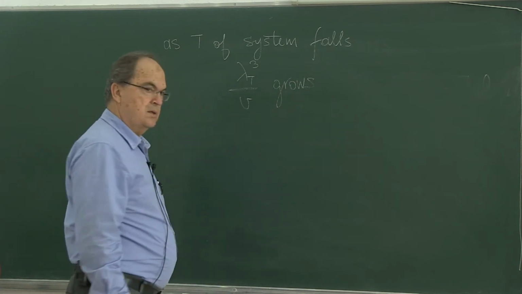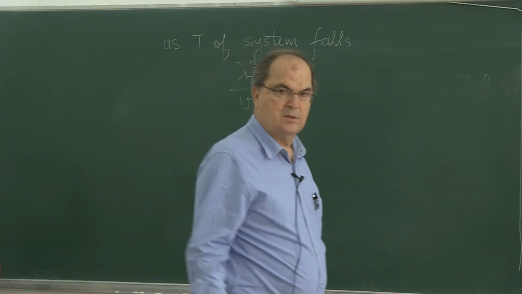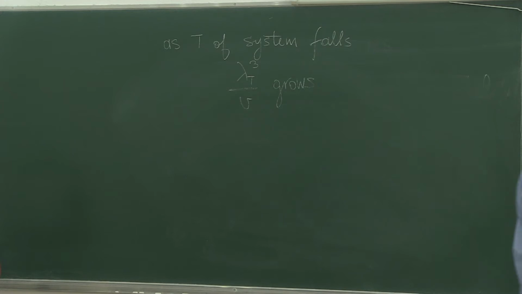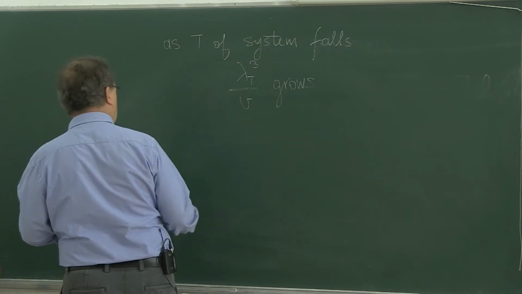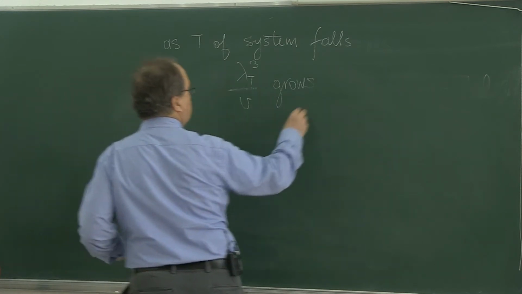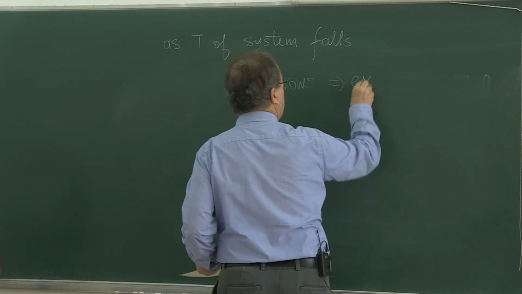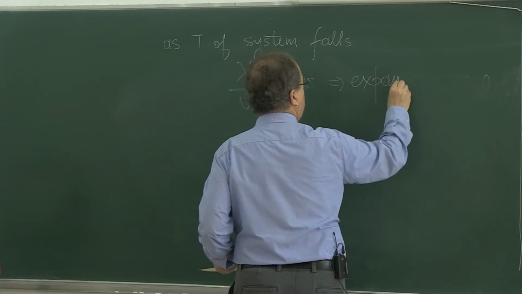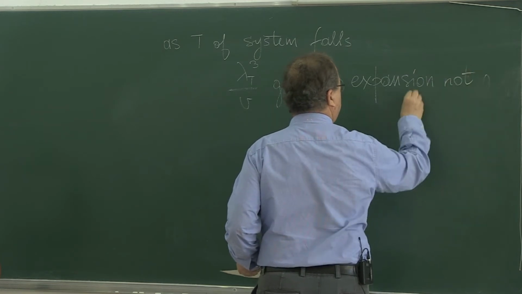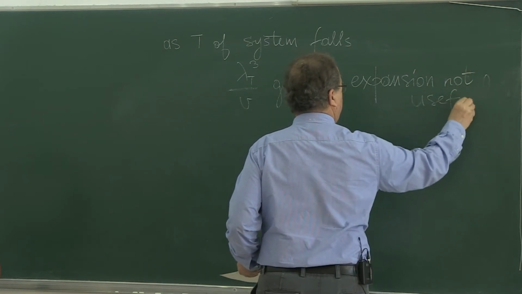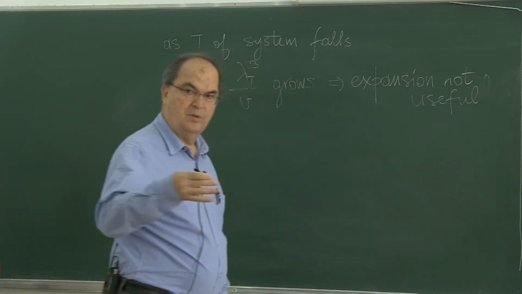If that is the case, you cannot use it as a quantity in terms of which we can expand our thermodynamic properties. So of course, expansion is not useful. We have to use the full expressions.